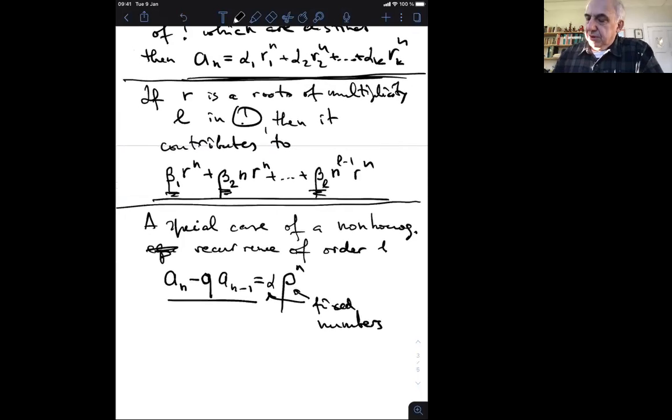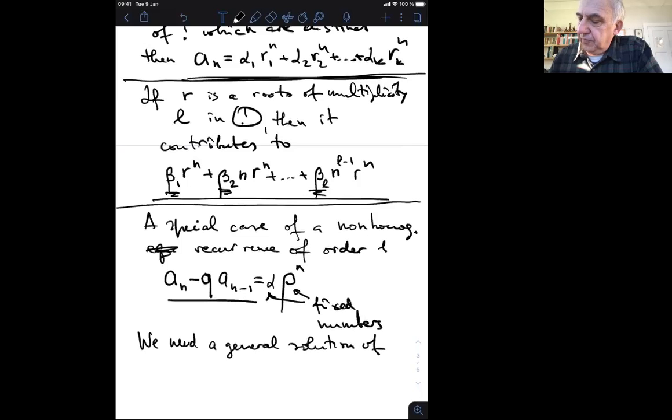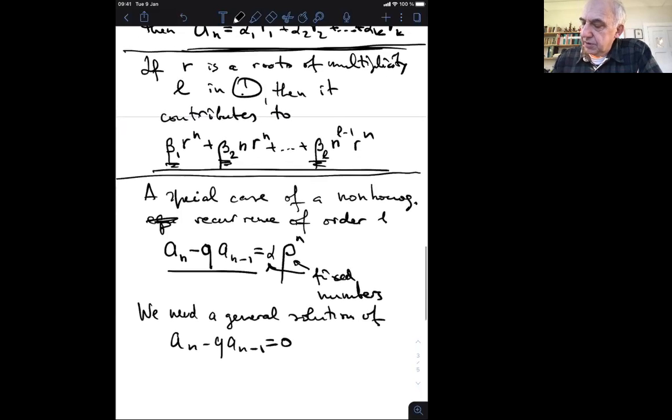Okay, so we need a general solution of a n minus q a n minus 1 equals 0, the homogenization of this, which is, you probably know better than me, a n equals some constant a times q power n.